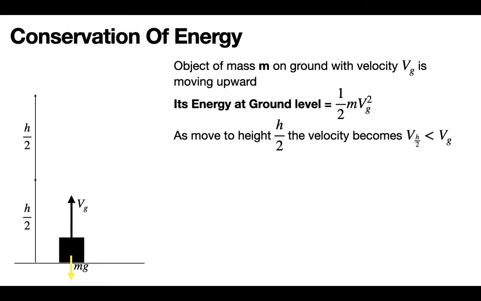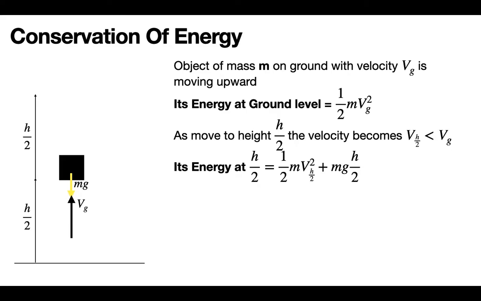As it moves to height h by 2, the velocity becomes Vh, which will be less than the velocity at the ground, because some of the energy is transferred into potential energy. So its energy at h by 2 is equal to half m Vh square plus mg h by 2, because it traveled a distance h by 2, which is converted into potential energy mg h by 2.